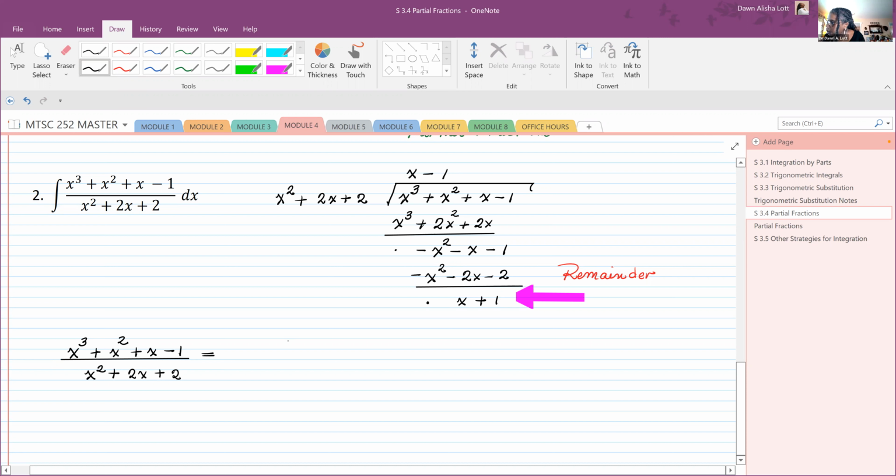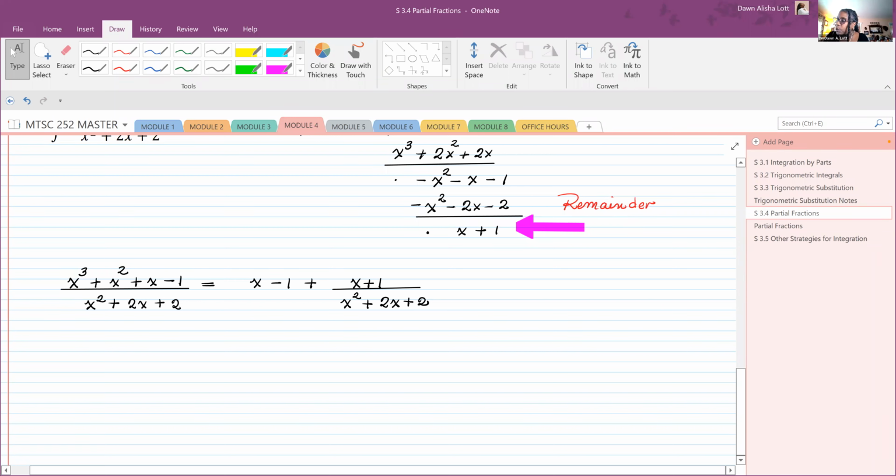Well, that's going to equal x minus 1, and then I'm going to get plus x plus 1, the remainder, over x squared plus 2x plus 2. So now I found out what the integrand actually is.